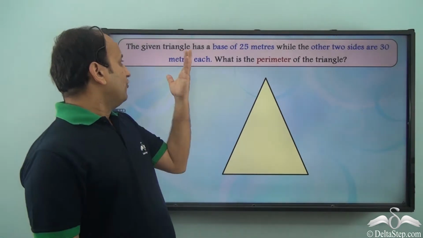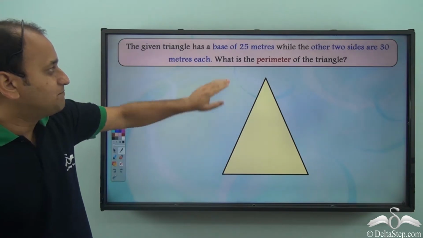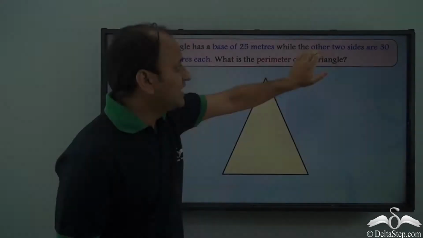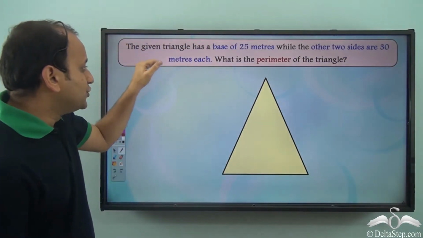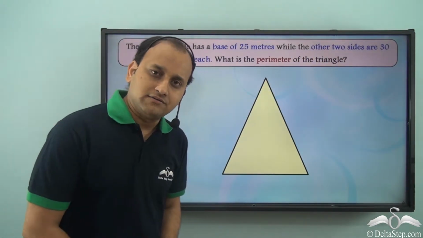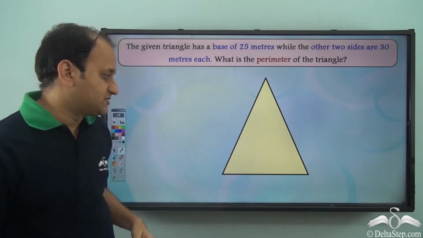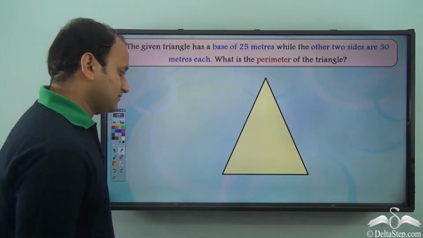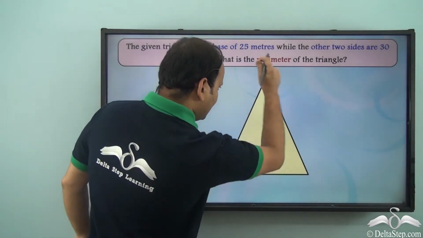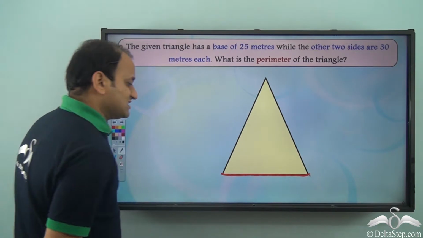So now we have this triangle here. The given triangle has a base of 25 meters while the other two sides are 30 meters each. So what is the perimeter of the triangle? Now it says that the base is of 25 meters. So what is the base of this triangle? Well, this triangle is standing on this base, isn't it?